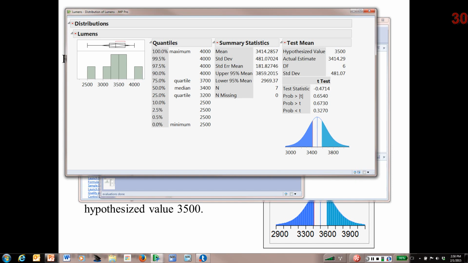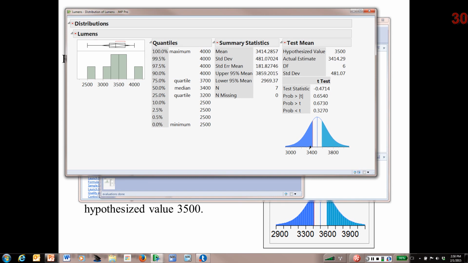That is, under the alternative hypothesis, I will simply say the actual mean could be less than 3,500 or greater. So in a two-sided test, I actually have to evaluate the hypothesis on both sides of the null.